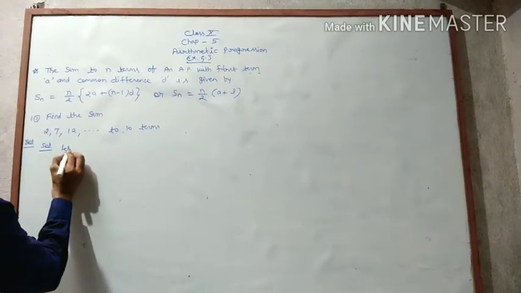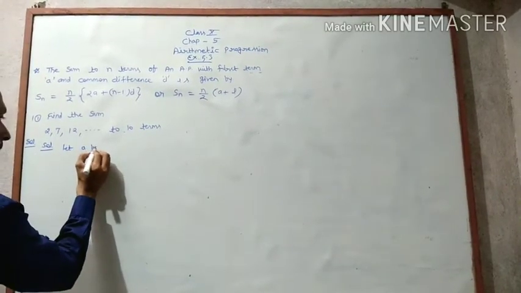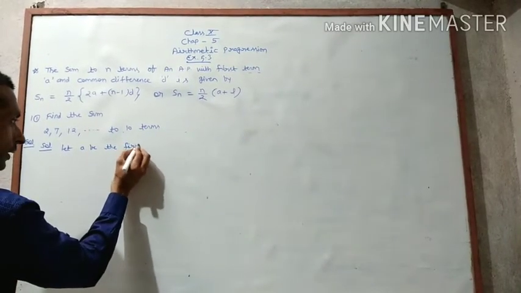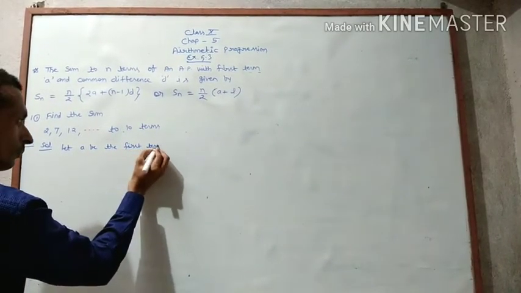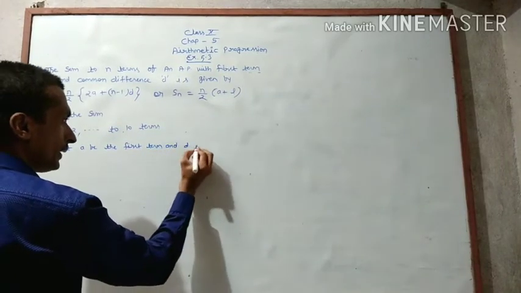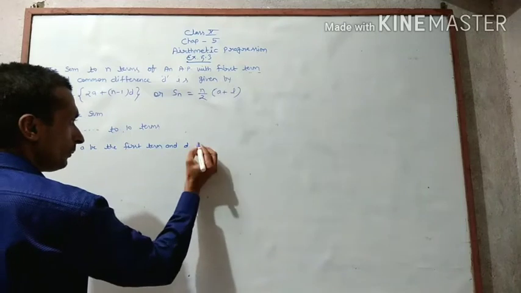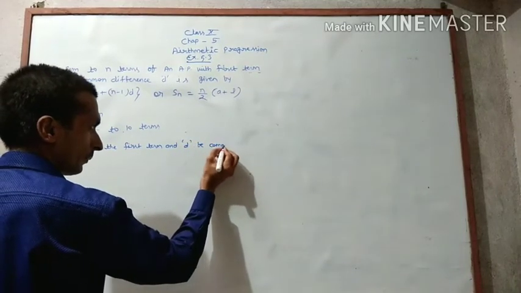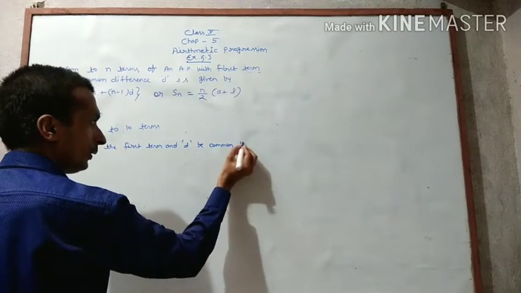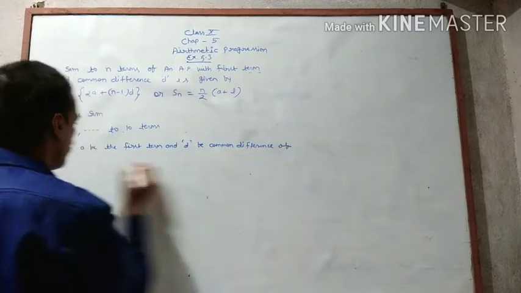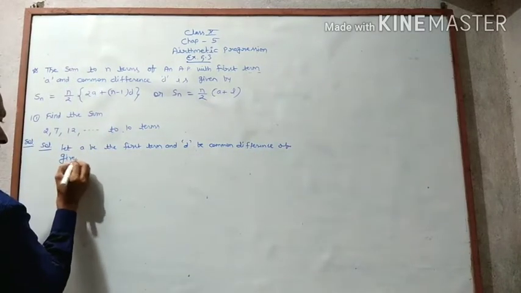Let a be the first term and d be the common difference of the given AP.